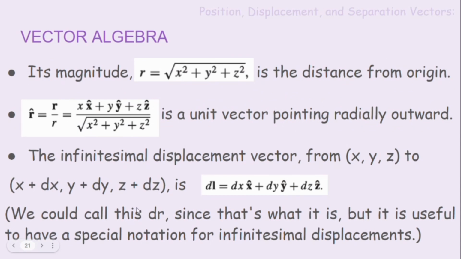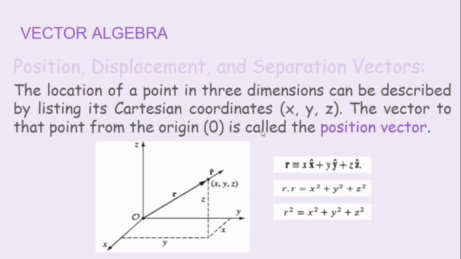We can also have its unit vector, simply having the vector in the numerator and its magnitude in the denominator. This will be the unit vector, and it is radially outward from this origin.